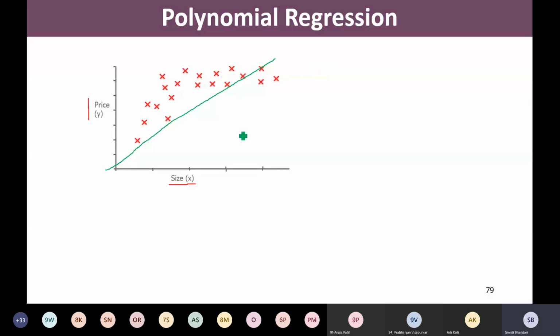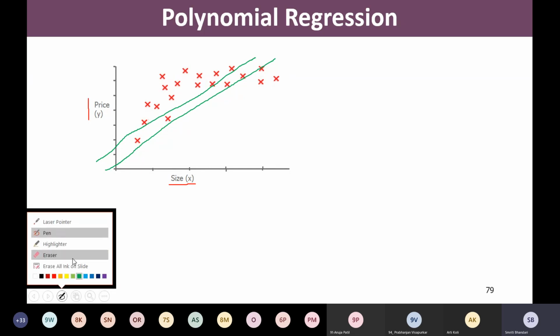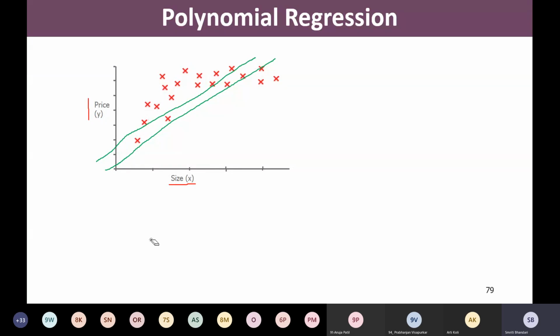Okay, because I am having a single feature and this is my two-dimensional space wherein I am having the training data set. So I may come up with this line, or maybe I may come up with a line something like this, right? But even though I get a linear hypothesis like this, I don't think that this hypothesis is better suited to fit my data.